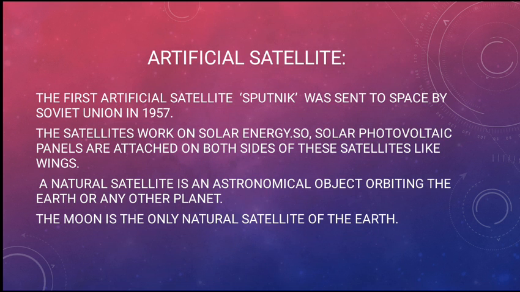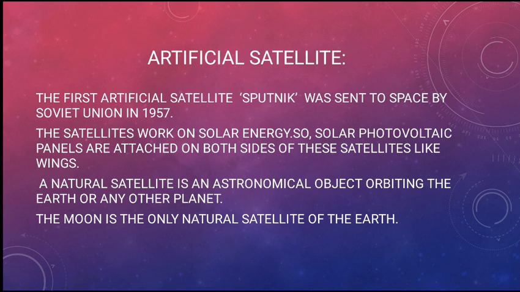Now, let us see more about an artificial satellite and a natural satellite. As I told you before, the satellites work on solar energy. So, solar photovoltaic panels are attached on both sides of these satellites like wings.